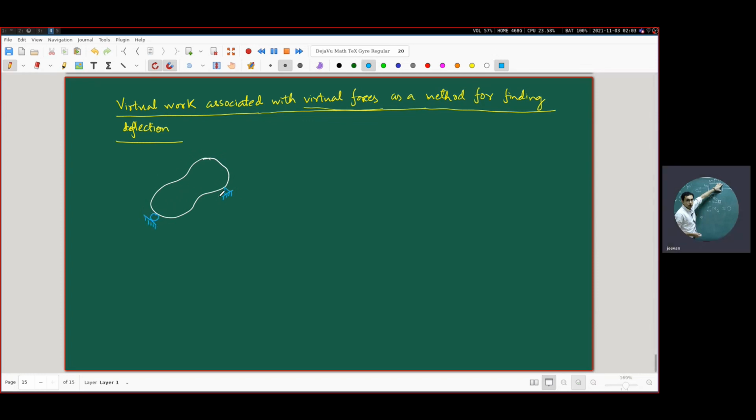There's a ruler here, there's a pen here, and let it be subjected to this force, one force here and another force here. And the intention here is to determine the deflection at this point. More specifically, we wish to determine the deflection at this point along a certain direction, this. Okay, this is the problem.